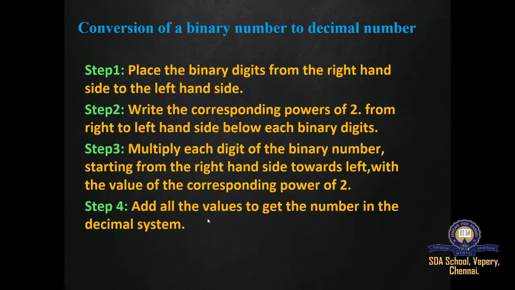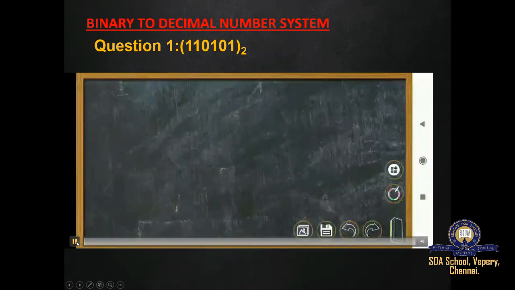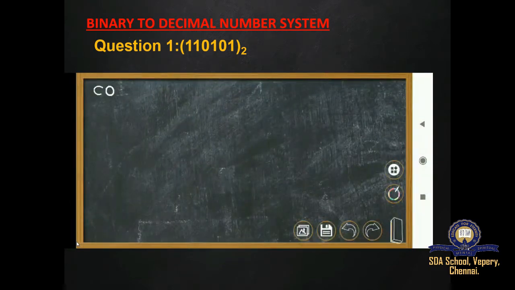Now we are going to do one sum. We have to convert binary to decimal number system. Our first question is 110101. This is the binary number. We have to convert it to the decimal number system.